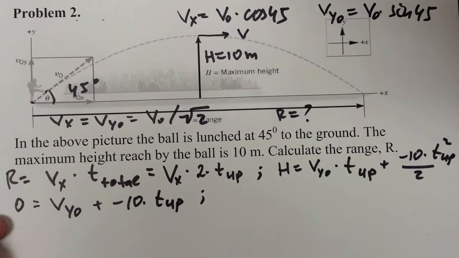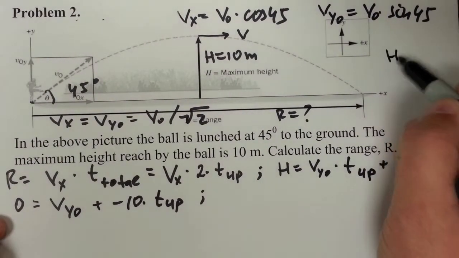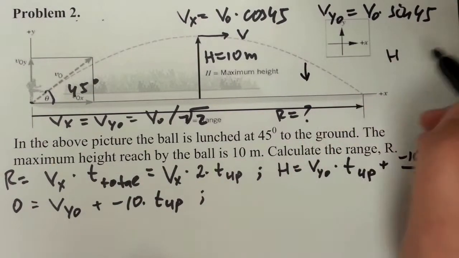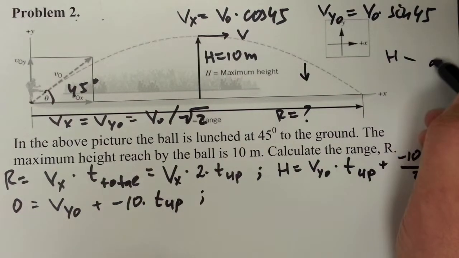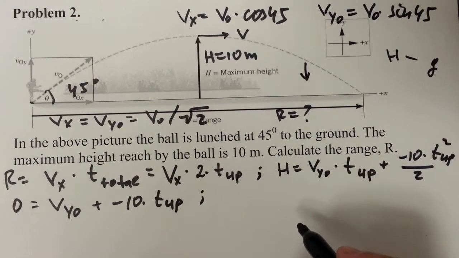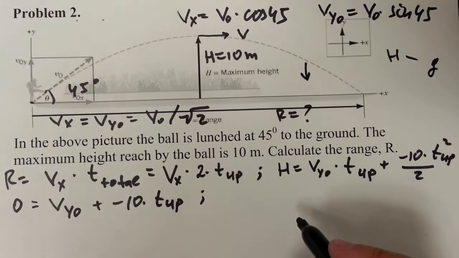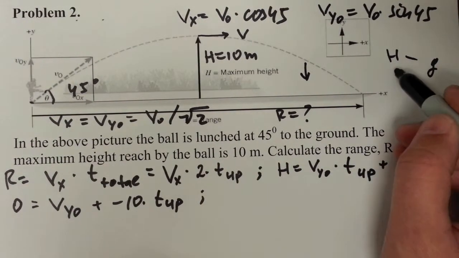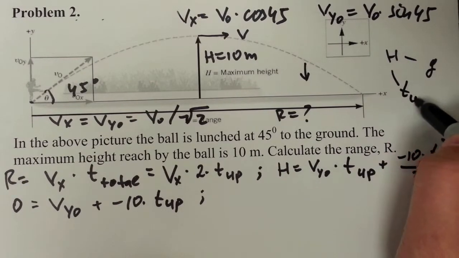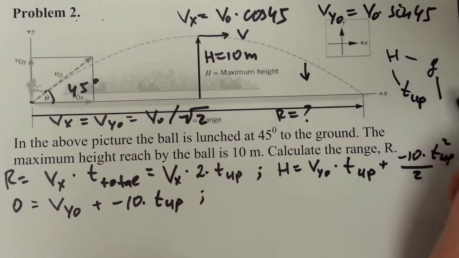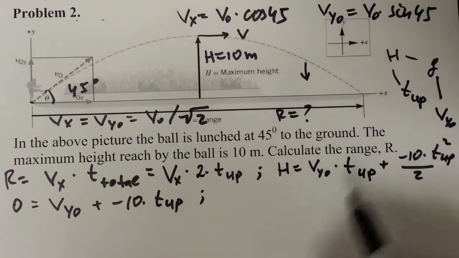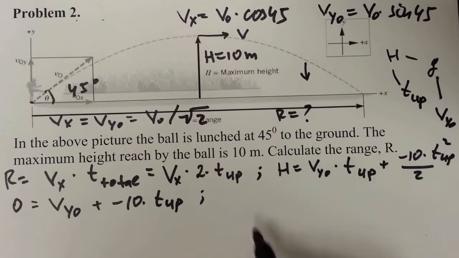So what we really need is an equation which relates the height, because we know it, the acceleration due to gravity, because we know it, and one of these variables, time up, or the initial component of vertical velocity. And, well, this equation doesn't work.